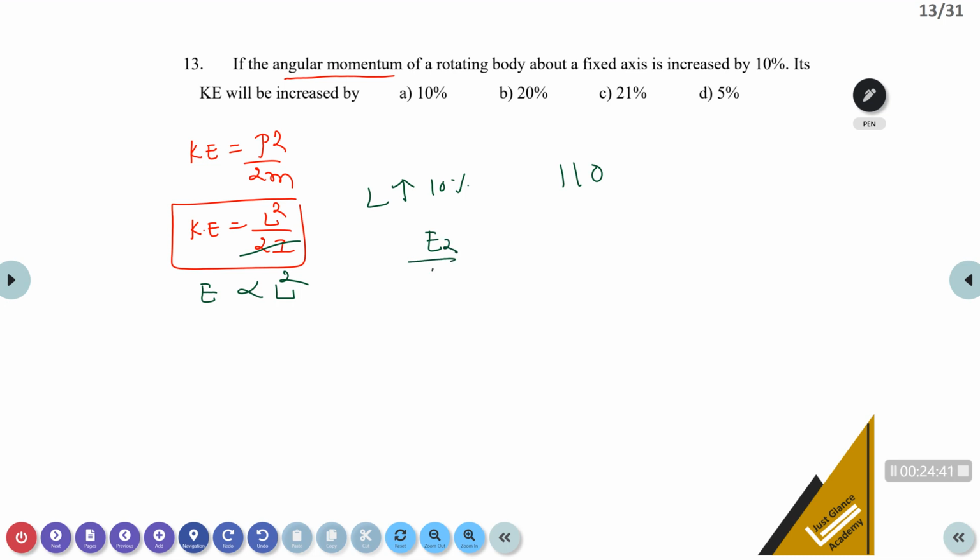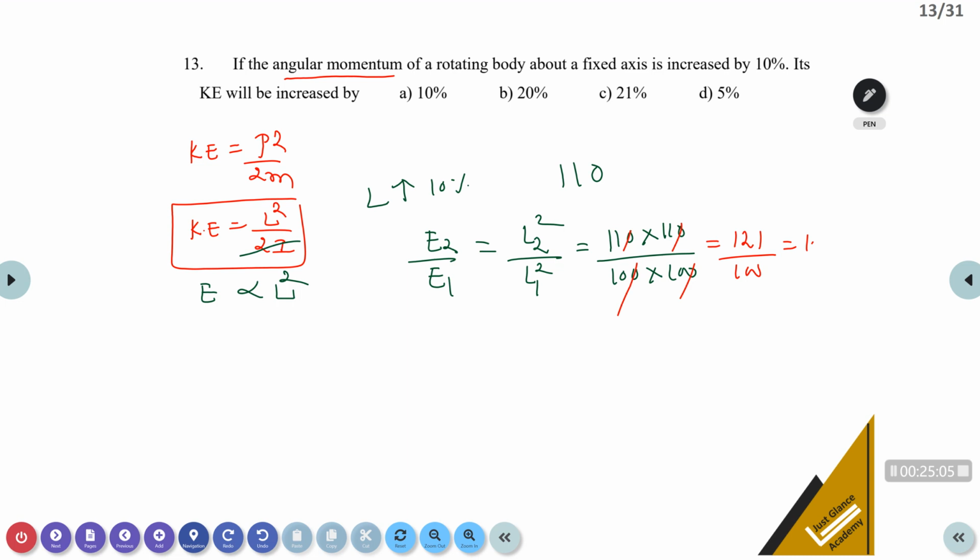So E2 by E1 equals L2 square divided by L1 square, equal to 110 into 110 divided by 100 into 100. Cancelling zeros, we get 121 divided by 100 equals 1.21.